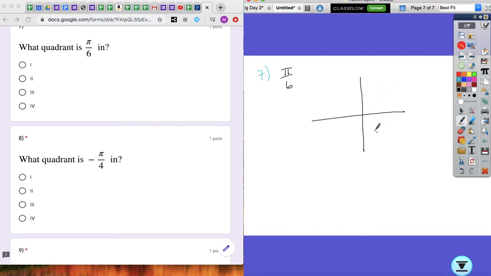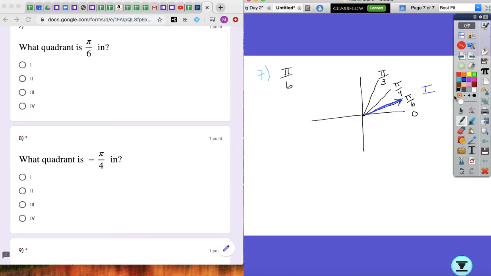If you were to look back in your notes, when we had everything labeled in radians, right here was pi over 6, and then here was pi over 4, and then here was pi over 3. So this question is asking about pi over 6, which is right here, and that is in quadrant 1.